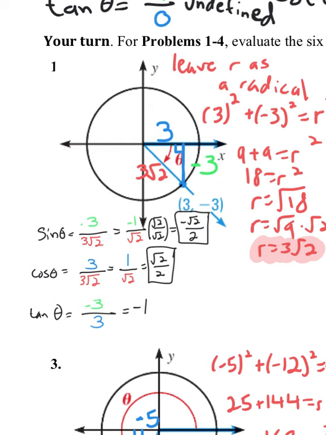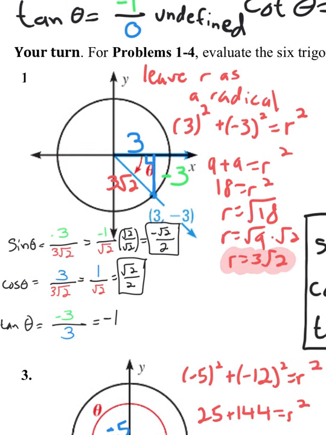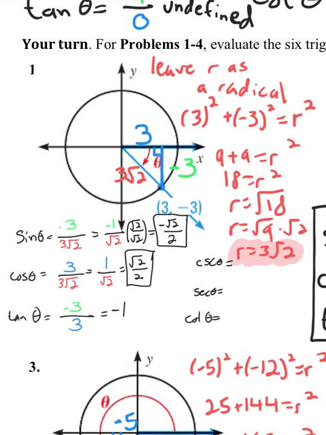But then I have to do the 3 reciprocal identities, which I don't have a ton of room here. Oops, so we'll go ahead and start with cosecant of theta, and then secant of theta, and cotangent of theta. To do the reciprocal identities, I would start by saying, let's do 3 over root 2 over negative 3.